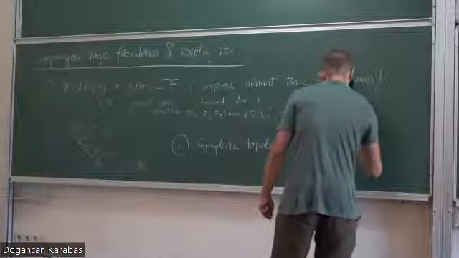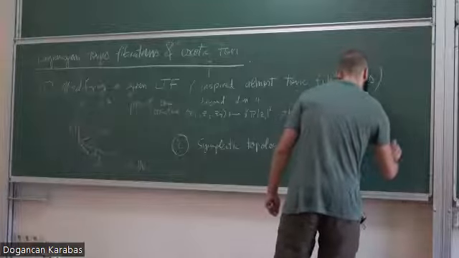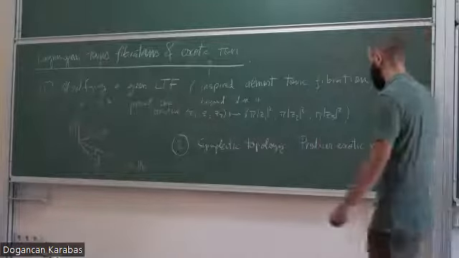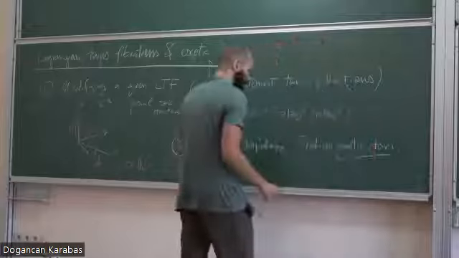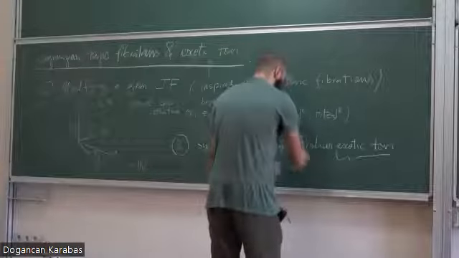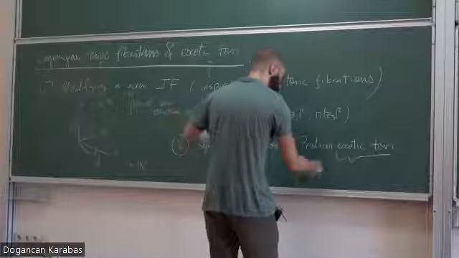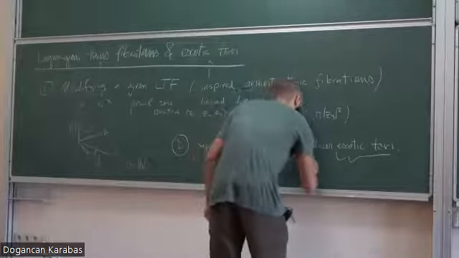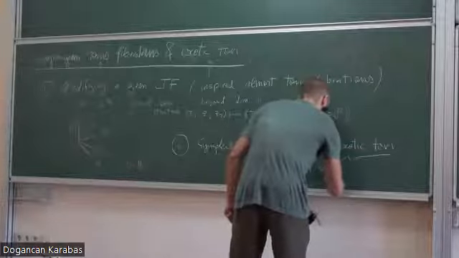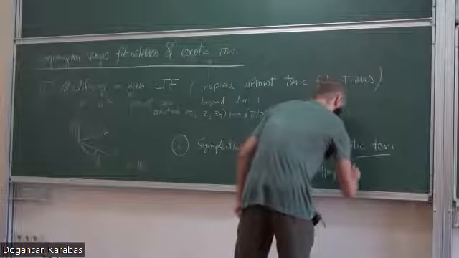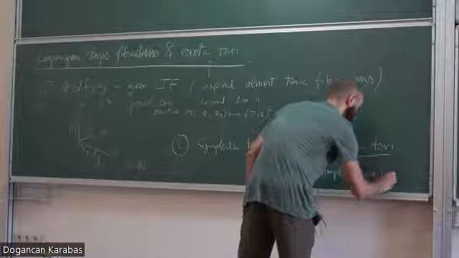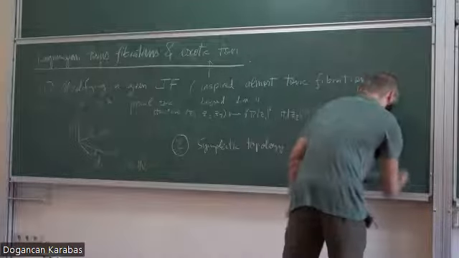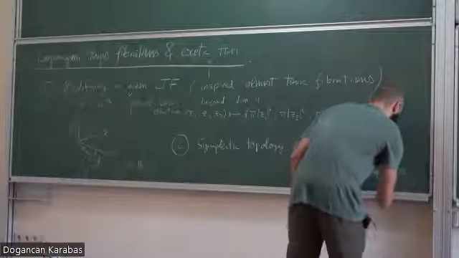Let me just define what I mean by this. Exotic just means tori that are not symplectomorphic to product tori. So this is my motivation.